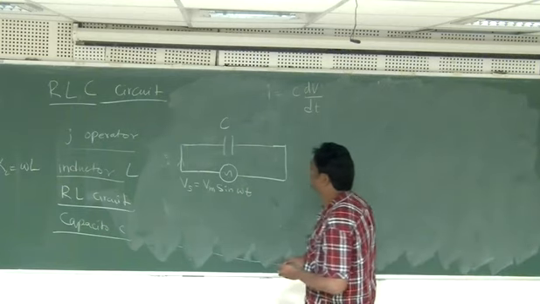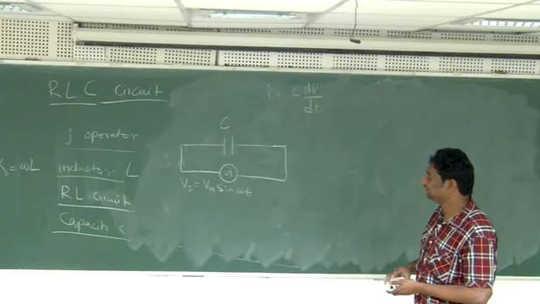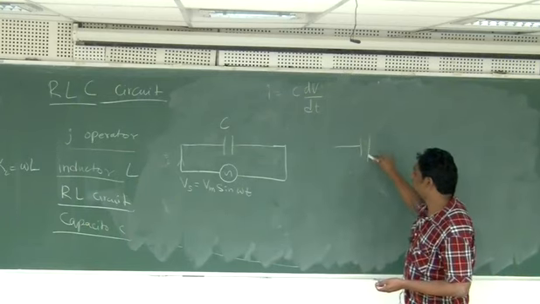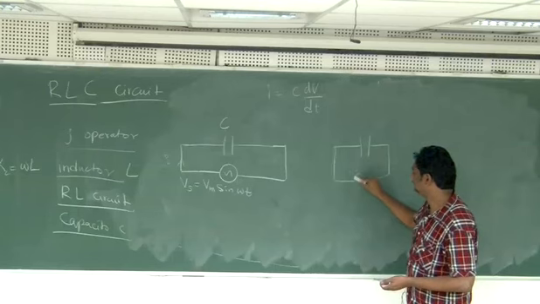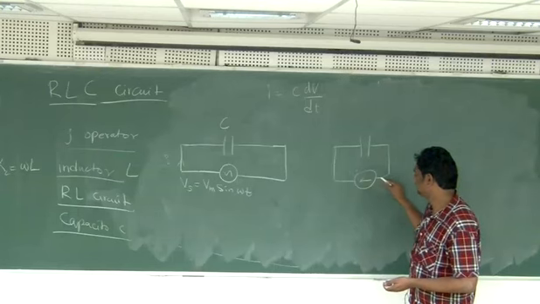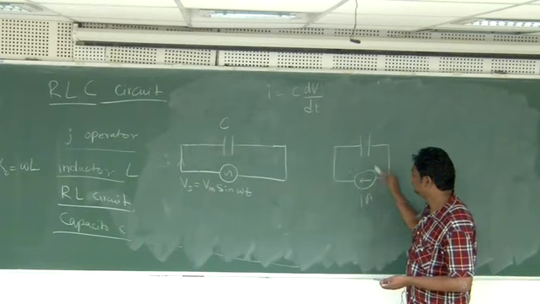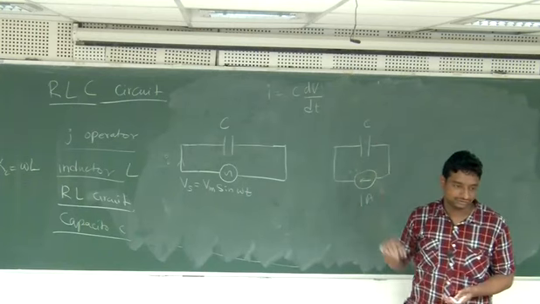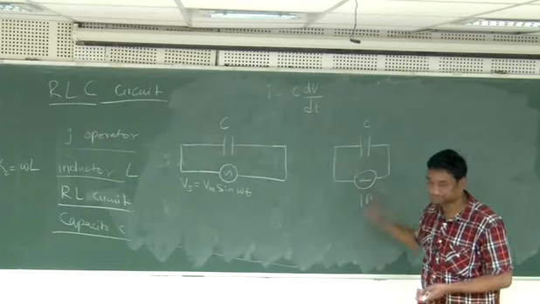So what if I forget about this circuit for the time being? What if there is a capacitor and I connect a constant current source of 1 ampere to this C. I am just sending current like this.